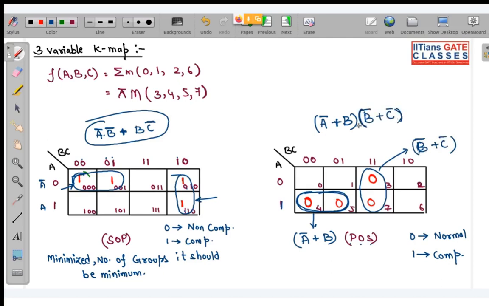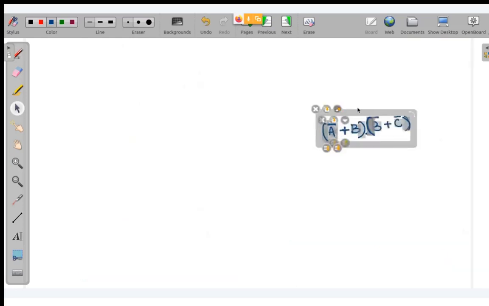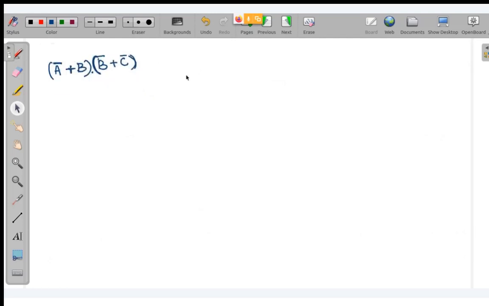Okay, now you got the SOP and POS. Now you might be thinking, sir, you told us that SOP and POS are both the same. Yes, obviously it is the same. Now look very carefully. This is the POS expression. I will give you time to note, don't worry.